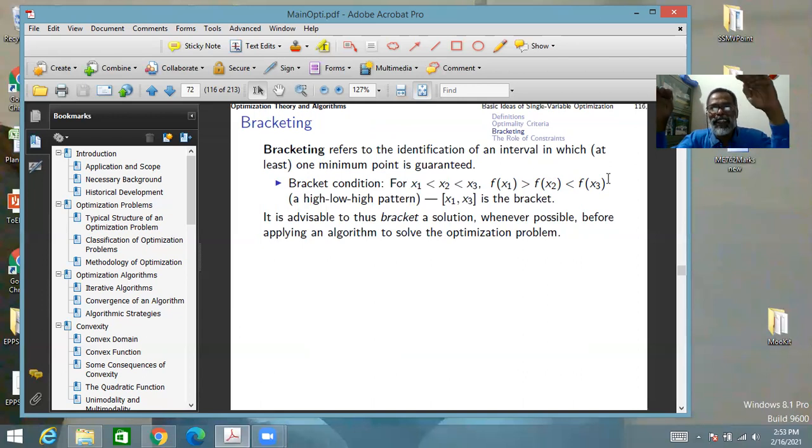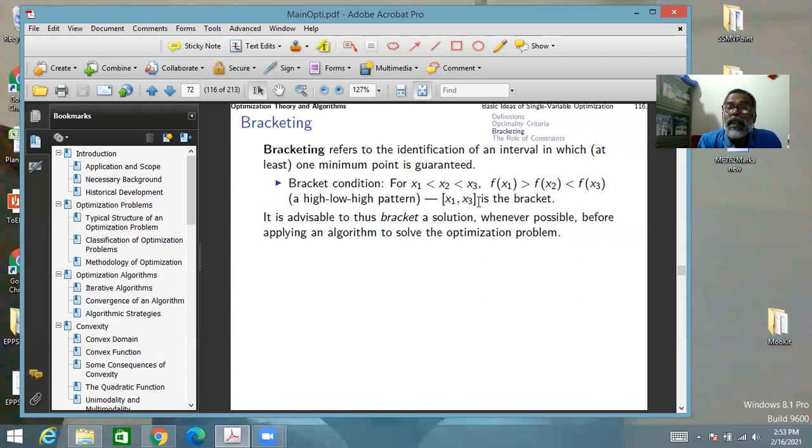This is certainly lower than the two extremes. So this is called a bracket. In that case, you say x1 to x3 is the bracket. In between this, there must be a minimum point. It may not be x2 itself, maybe somewhere on this side or that side.